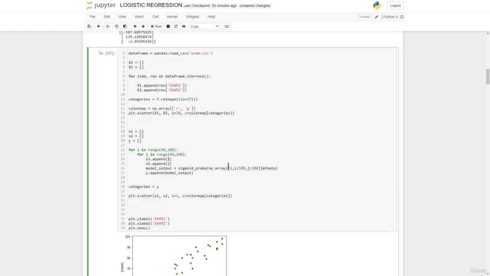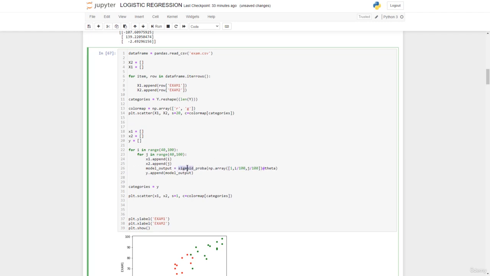Our model output is gotten by using this input. We have 1, I, J. We simply normalize this way. So we have 1, I, J times theta to give us our model output, and we have a sigmoid function.